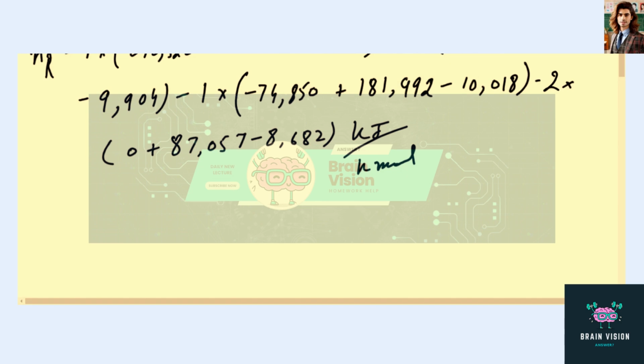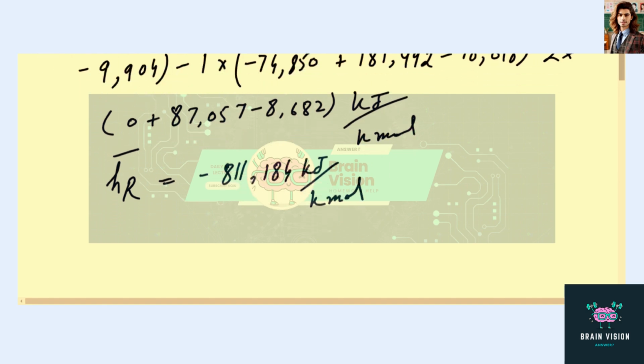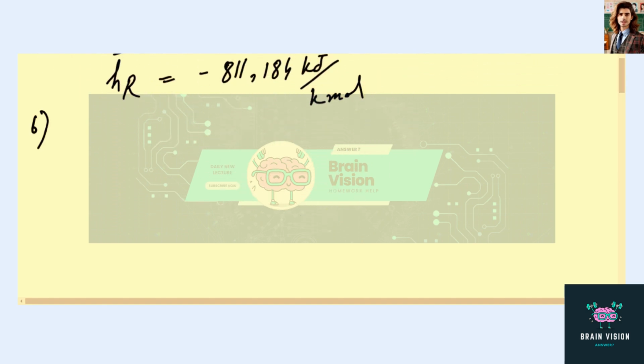The enthalpy of reaction is therefore H bar_R is equal to minus 811,184 kilojoules per kilomole. Now let us move towards part B of this answer.